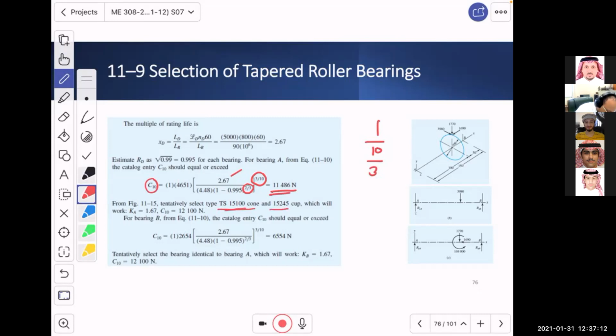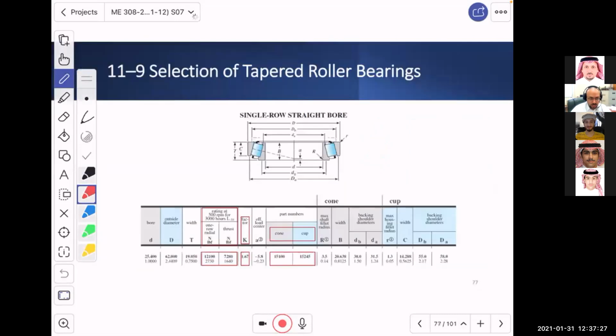What does that mean? Which will work with Ka. Now look, this is the actual K, which is 1.67, and this is the C10, the catalog value, 12,100 Newton. So let me show you the catalog.